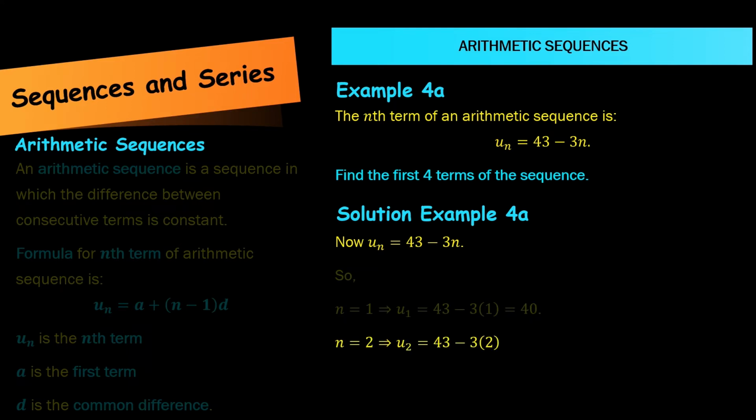When n equals 2, we plug in n equals 2 into the formula for u subscript n to give 43 minus 3 times 2, which is equal to 37.